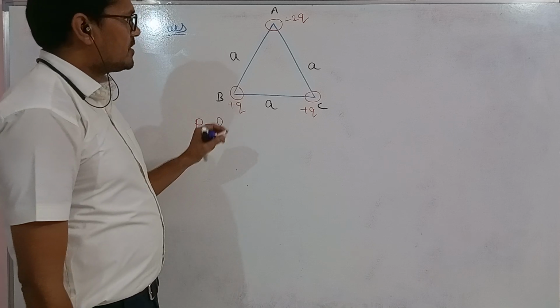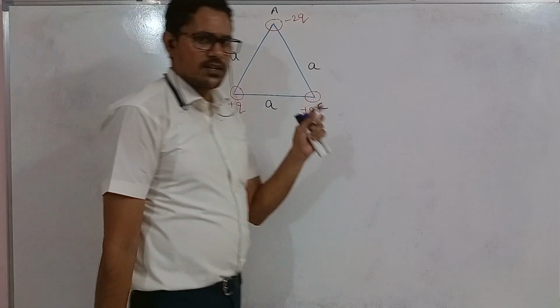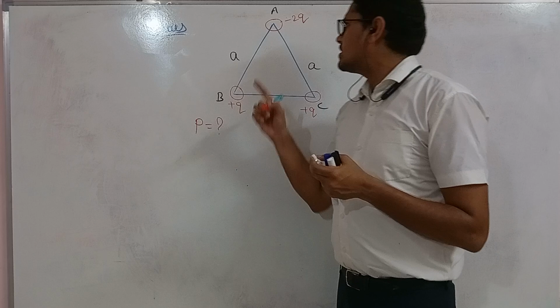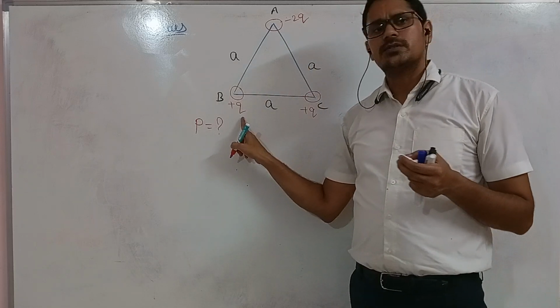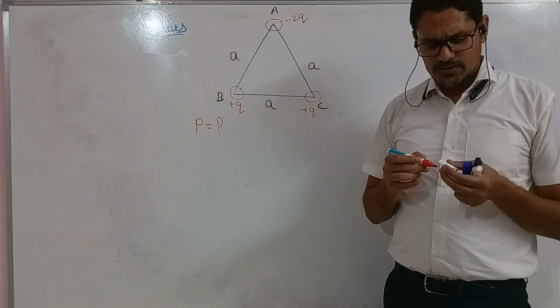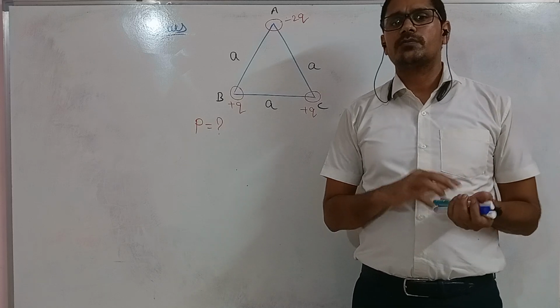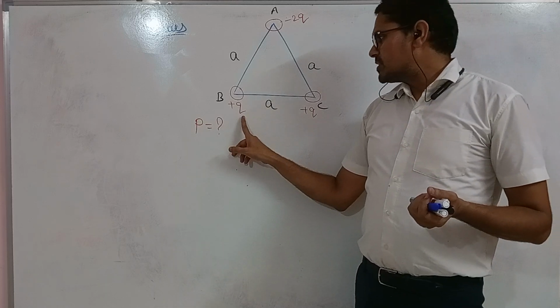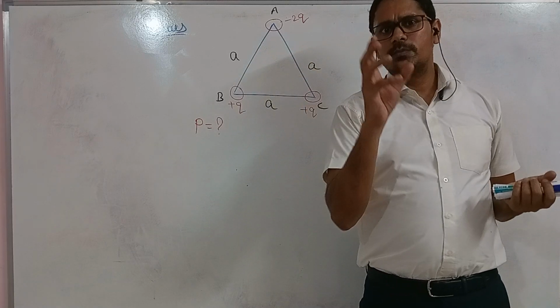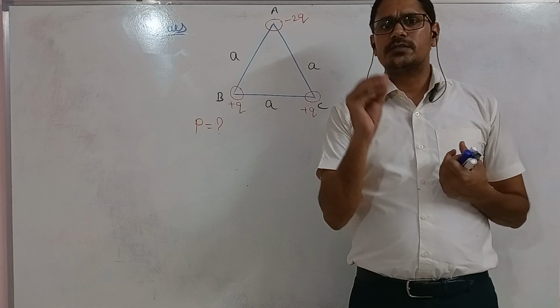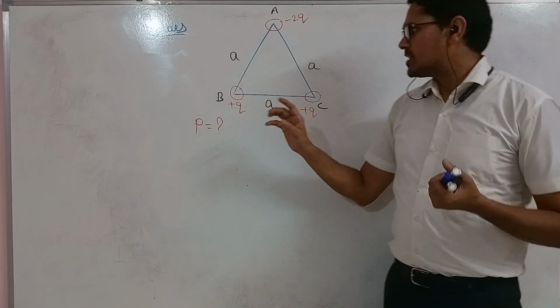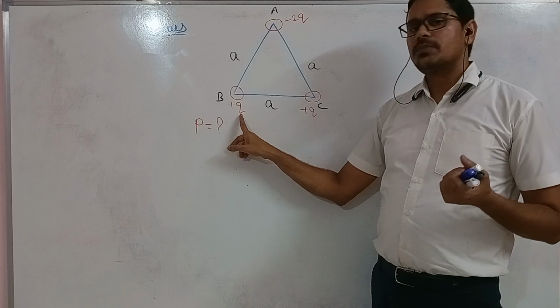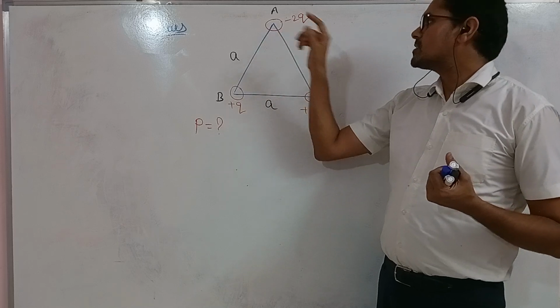Fine. First of all, if you observe this diagram, you will find that here we have minus 2q and here we have plus 2q. So how could we make the dipole here? For making the dipole, we must have positive and negative charge in equal amount, and they must be separated by some finite distance. Now here we can clearly see that this one is plus q and this one is minus 2q.